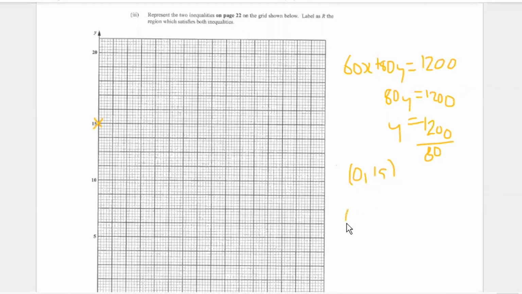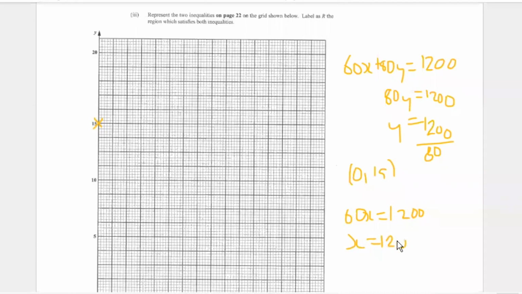Now we can look at when y is 0. So when y is 0, what we'll have is 60x is equal to 1200. So therefore, x is equal to 1200 divided by 60.